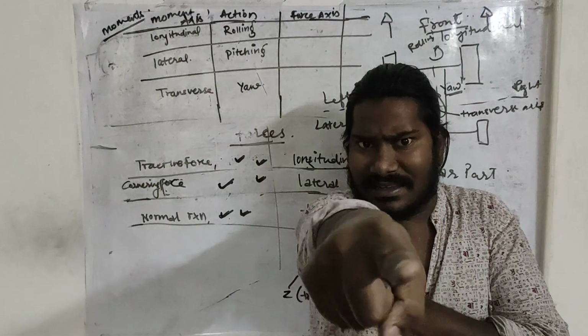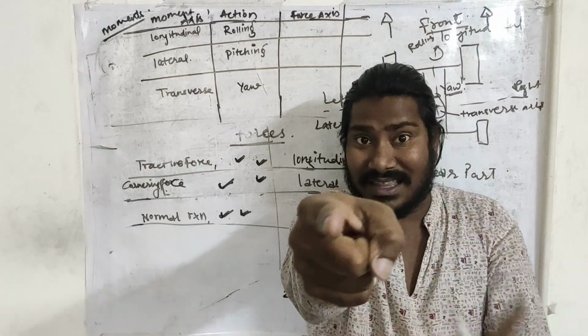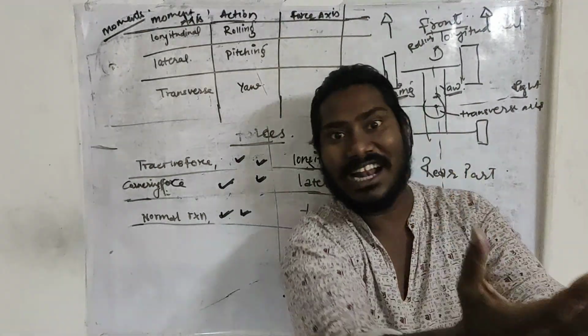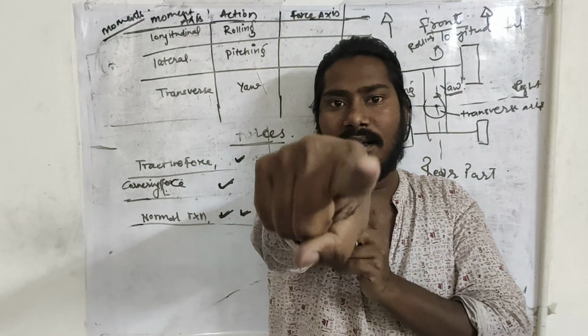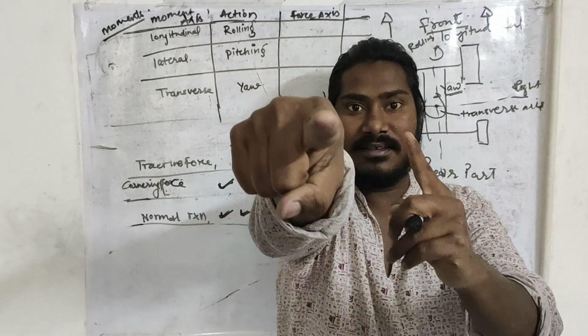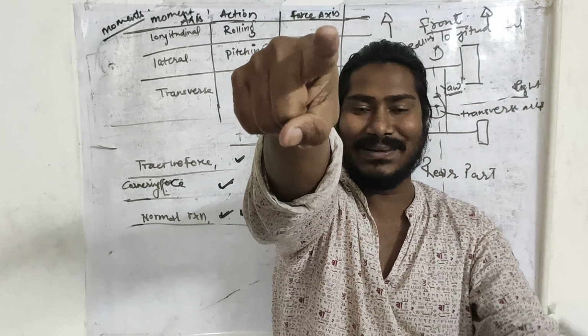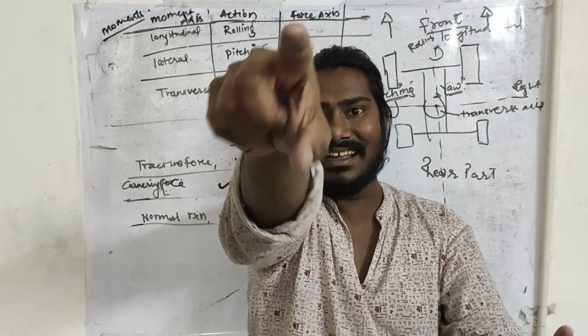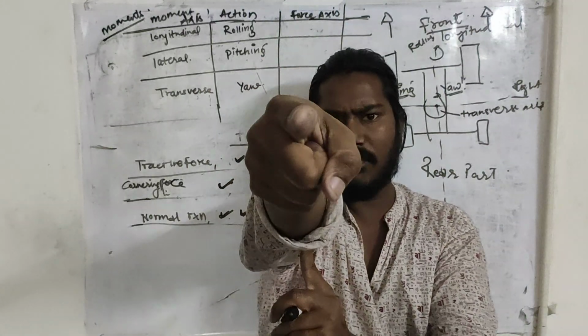Along the longitudinal axis, the tractive forces are acting, and the normal forces are acting on the tire. If this axis is rotating, the normal forces acting over it won't create any difference.